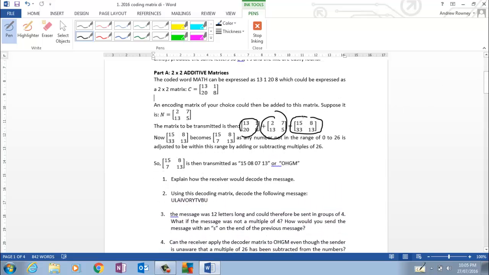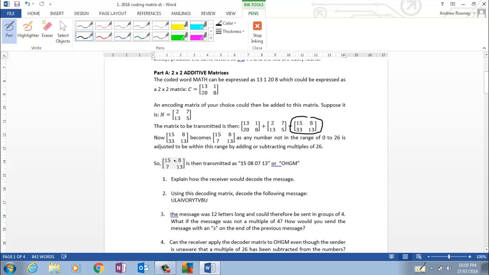Now the problem with the message is that there's a number 33 outside the 26, so we have to subtract multiples of 26 to try and get it in the range, and if you subtract 26 you'll get 7, so 33 is equivalent to the number 7.